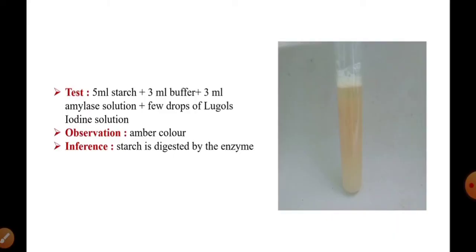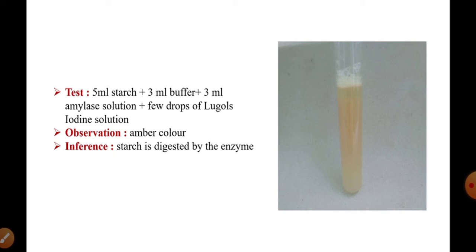Now students, as you have seen the working part of this experiment, in the first test tube, if you remember, we have added 5 ml of starch, 3 ml of buffer and 3 ml of enzyme amylase solution. And then we added few drops of Lugol's iodine solution. And the observation that we got was amber coloration, as you can see in the picture that I have attached in the slide.